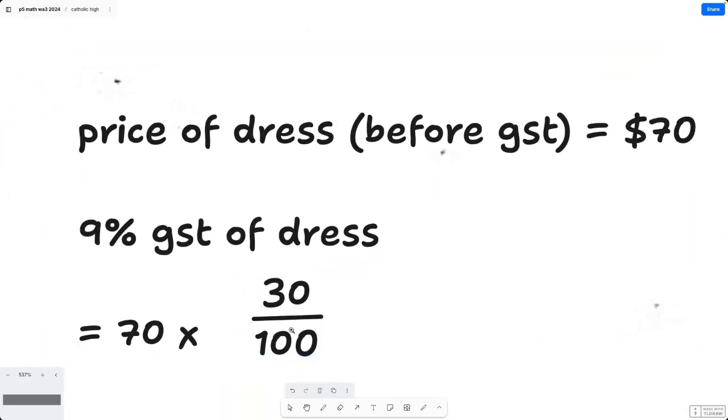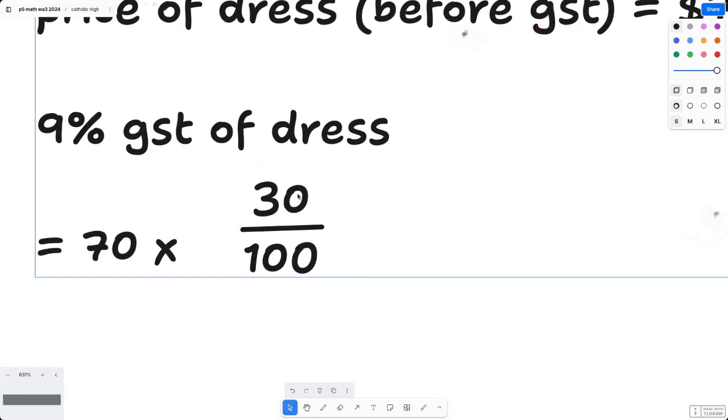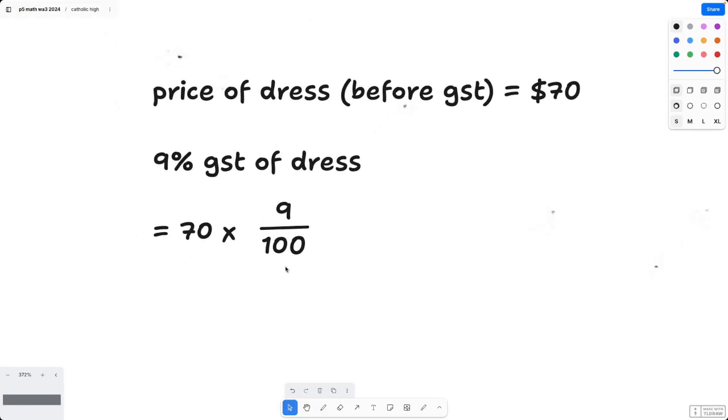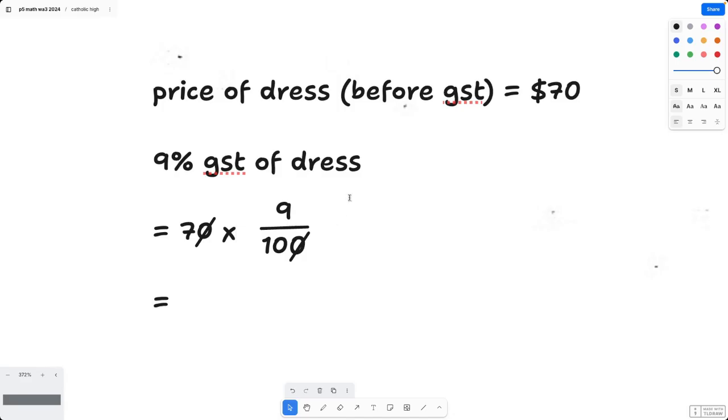Okay, 9% of the dress is 70 times 9 out of 100. So what we can do is we can cancel this 100 and cancel this to 7. All right. So then this will essentially become 7 times 9 out of 10.